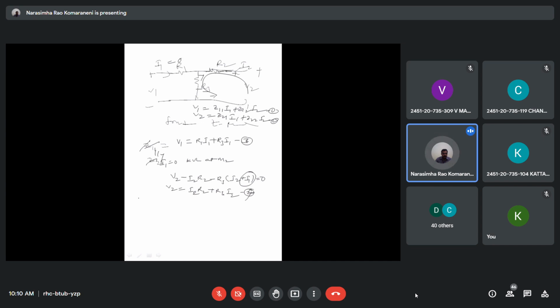By comparing equations 3 and 4 with equations 1 and 2, you will get the Z parameters.